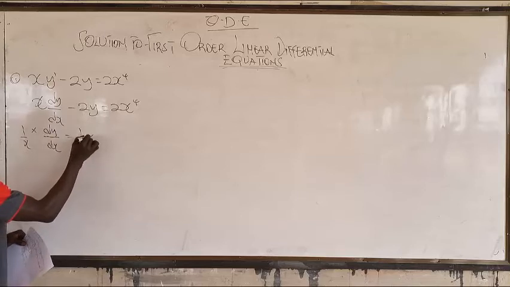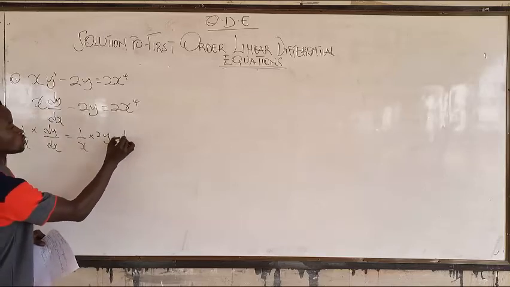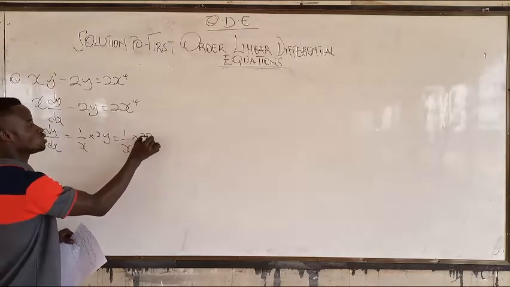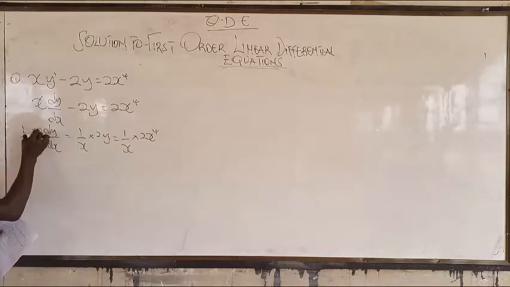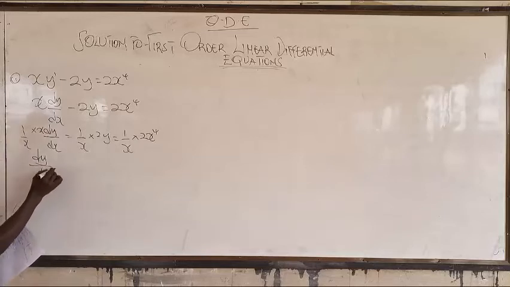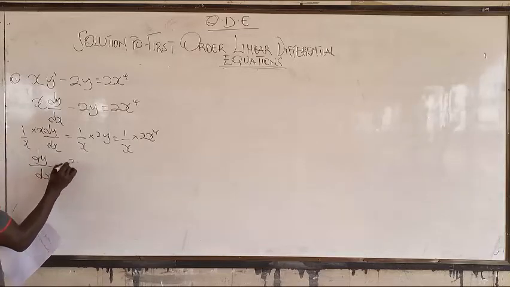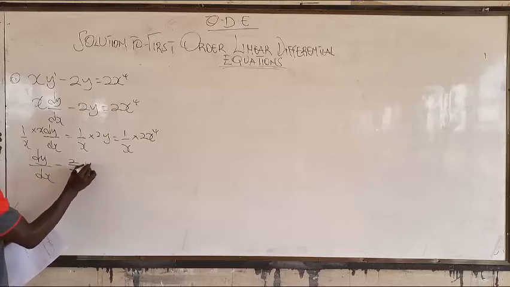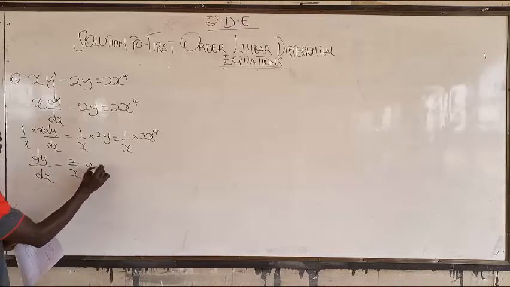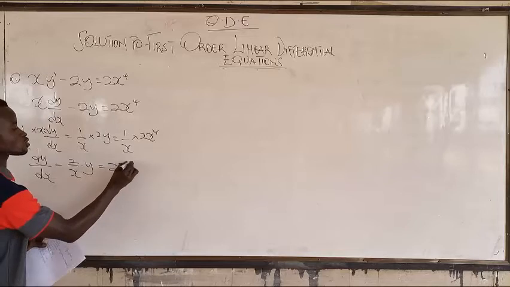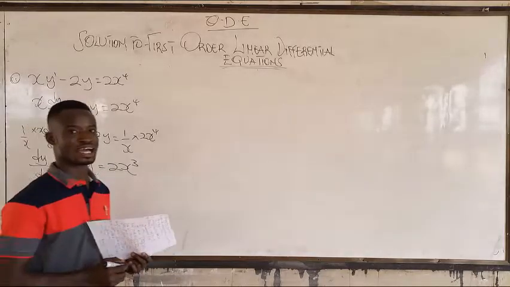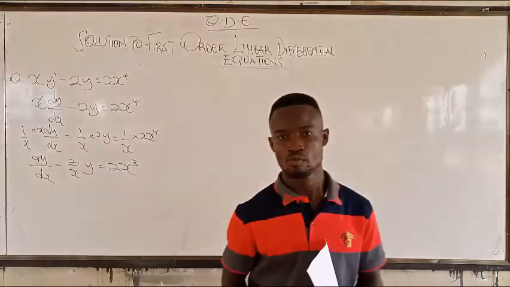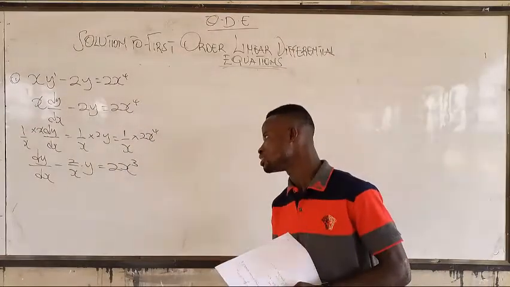One over x times 2y is equal to 1 over x times 2x to the power 4. And with this, we are going to get dy/dx minus 2 over x times y is equal to 2x to the power 3. You can see that we are in the non-homogeneous form.